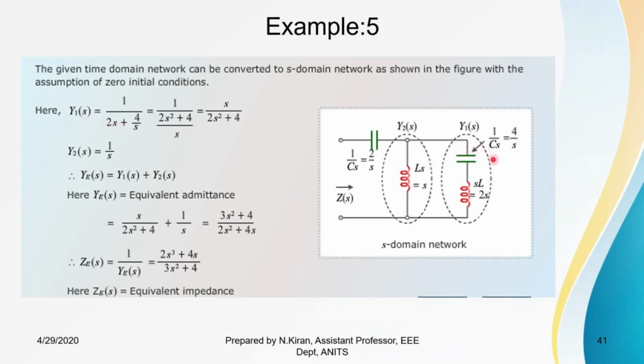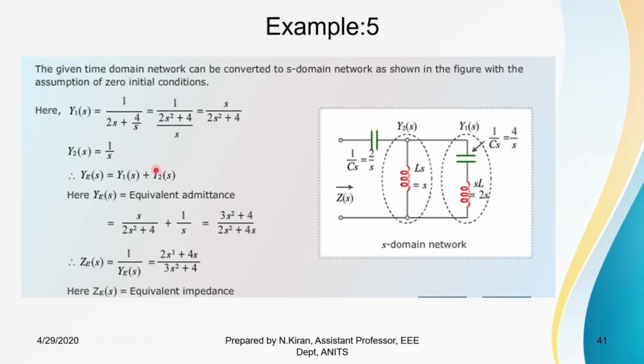So y1: if z1 is equal to 4 by s plus 2s, obviously y1 will be the reciprocal of that value, so 1 by 2s plus 4 by s. Since the z2 value is s, y2 is the reciprocal, 1 by s.